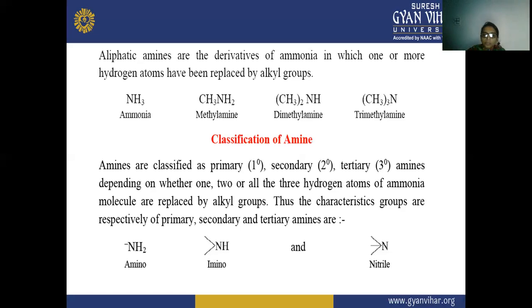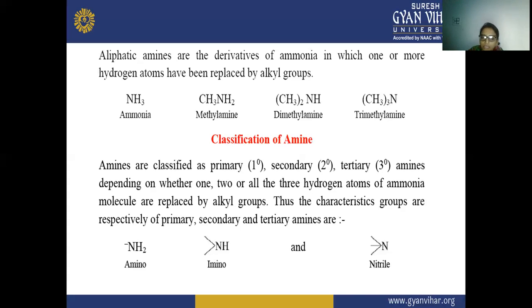That is why they are named according to the replacement of the hydrogen atoms of the ammonia molecule by the alkyl group. On that basis, they are classified as primary, which is the amino, secondary, imino, and tertiary is the nitrile.